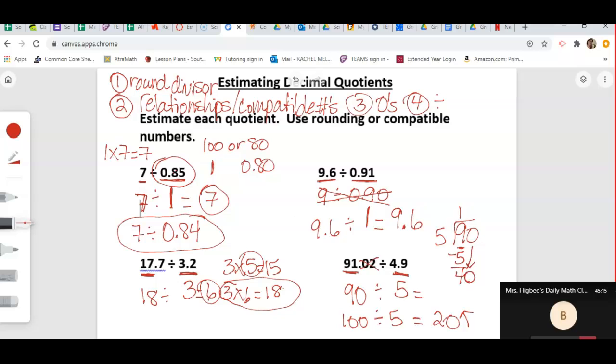And everybody, how many groups of 5 can I get out of 40? 8. Okay, good. That means that 90 divided by 5 is 18. Okay, and we did round that one down. So it's possible that the real answer here is probably going to be somewhere between 18 and 20.